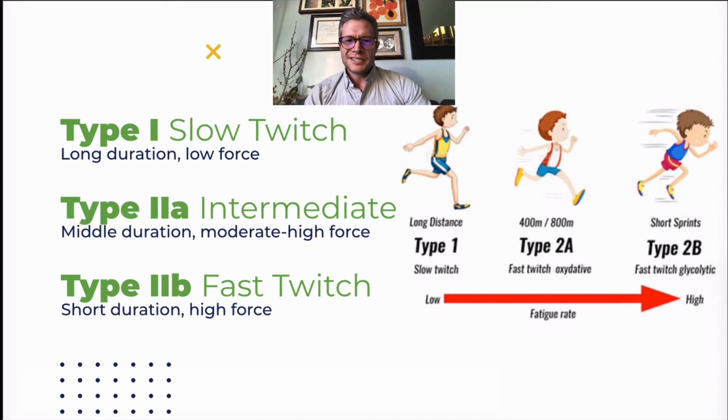For your purposes in this lab, we're not going to worry too much about type 2A or intermediate, largely because they are mainly trainable, which means that they can have characteristics of either slow twitch or fast twitch, depending on what sort of use that person has been training their body with.